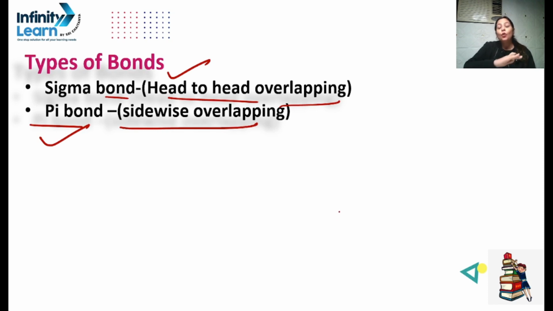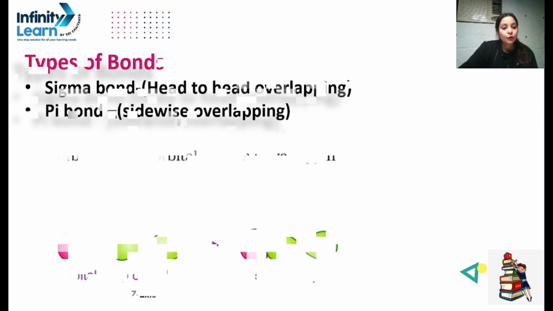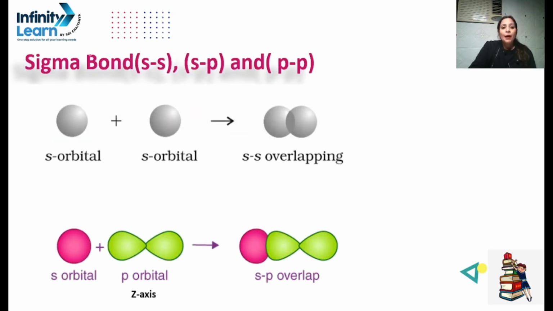One thing you always have to remember, only those atomic orbitals can overlap which are symmetrical about their internuclear axis. I'll show you how. So sigma bond, I told you that it is head-to-head overlapping. So this bond formation is possible only when two s orbitals combine, or one s and one p combine. And this p should be the one which is on the z axis, not the x or the y one.